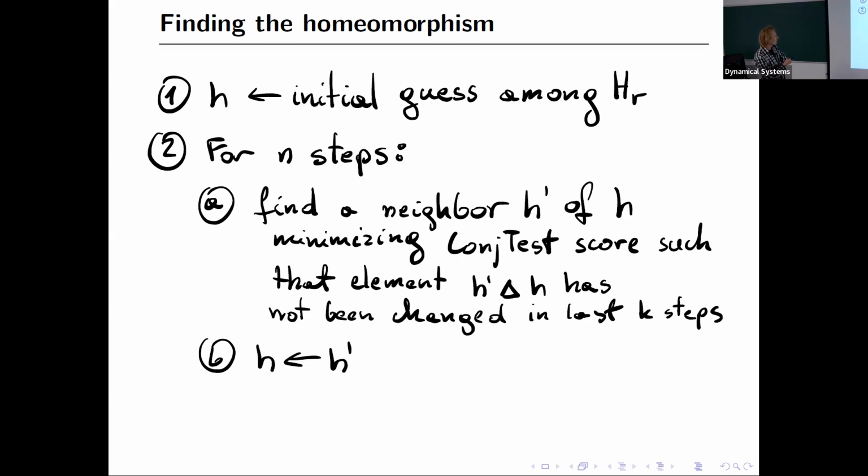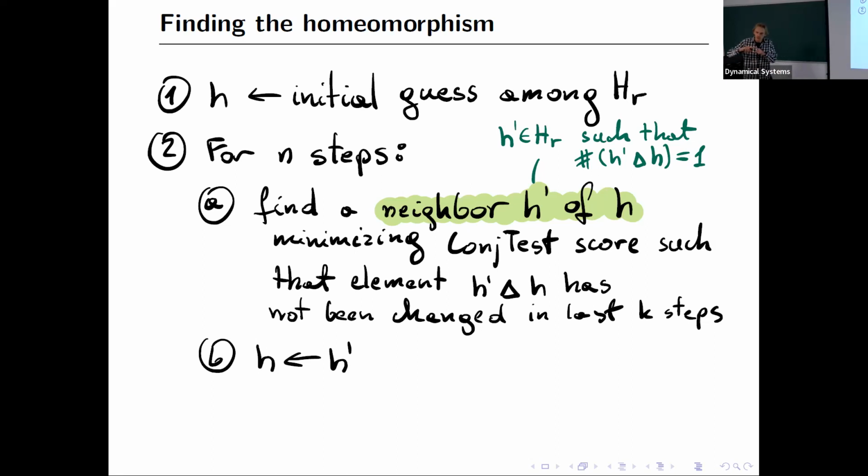And what we are doing, we fix a number of steps, and in each step we are finding a neighbor of our cubical homomorphism, where by neighbor of cubical homomorphism I mean another cubical homomorphism that differs just by a single cube.